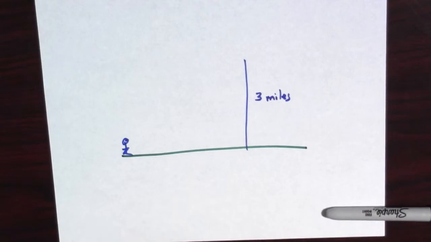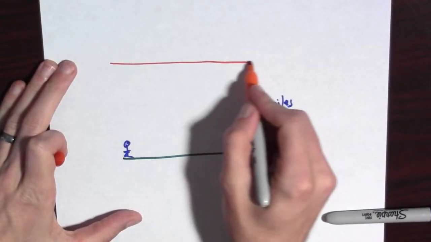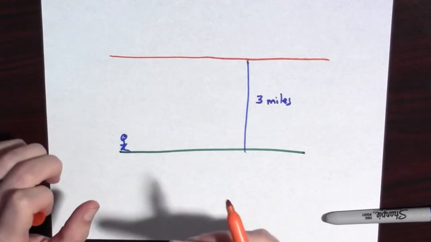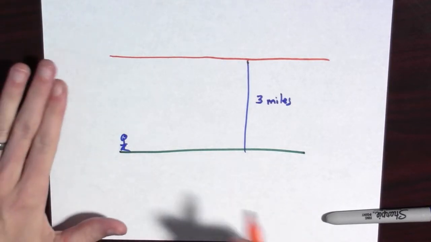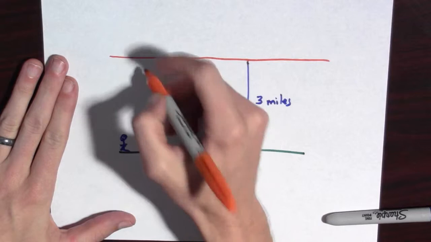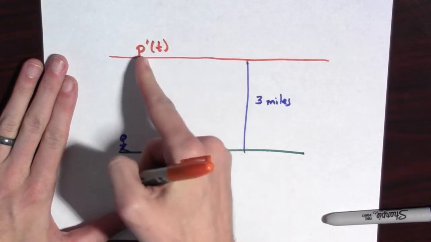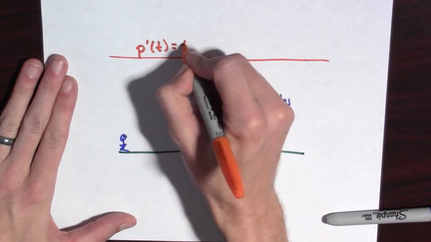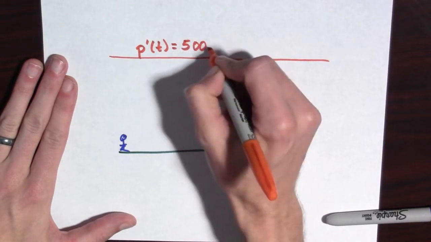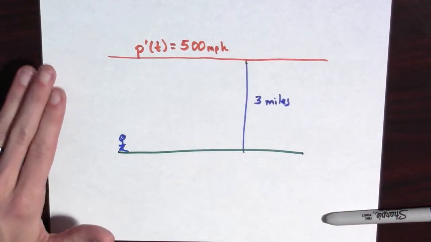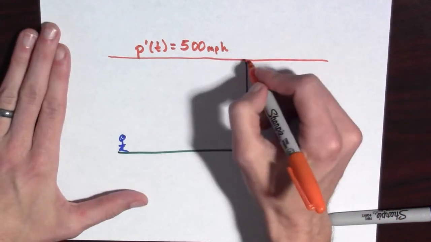And here's the plane flying, and its velocity is 500 miles per hour. So remember, velocity is the derivative of position. So P prime of t is equal to 500 miles per hour.